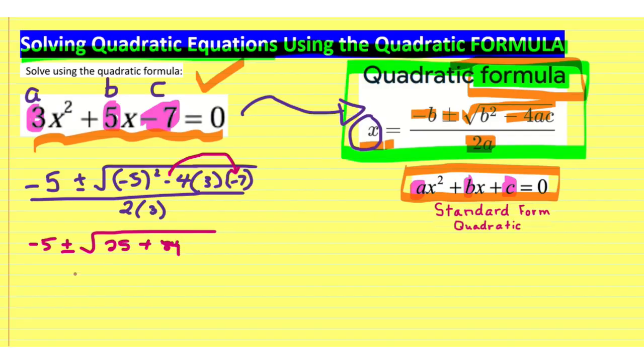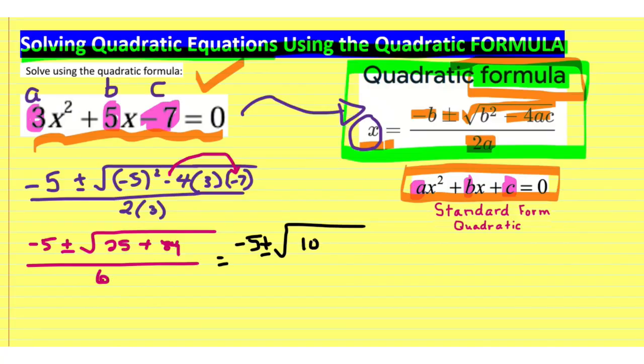So 25 plus 84. Let me go ahead and put my 2 times 3 down here too. 2 times 3 is 6. So that is going to be equal to negative 5 plus or minus the square root of 25 plus 84, which is 109, and all that is going to be over the 6.